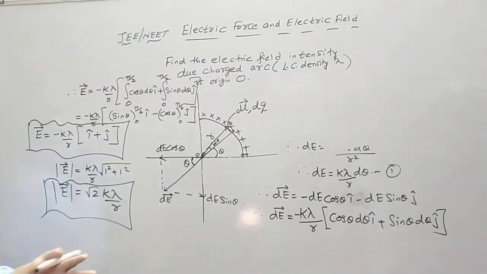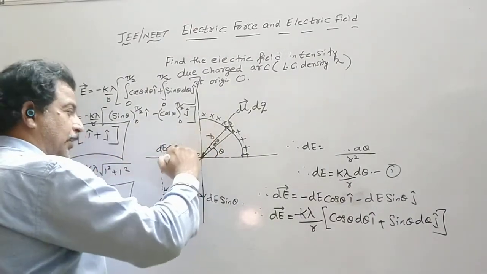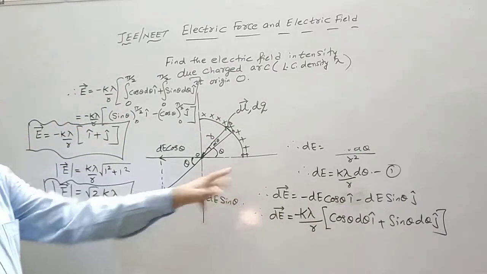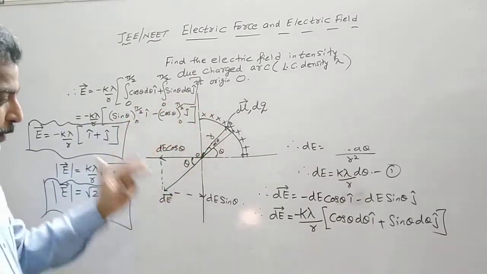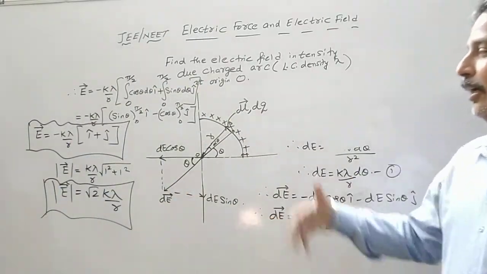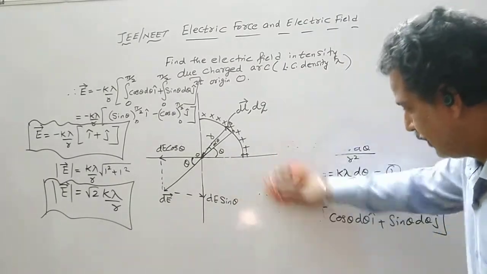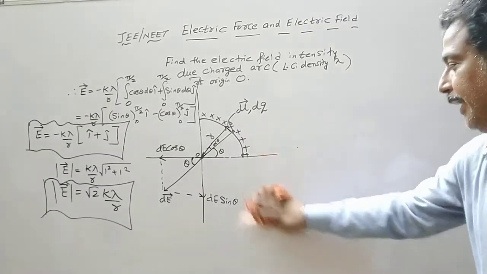And if this arc is drawn at this side, then it is clear the resultant will be in the fourth quadrant. So there i will be positive and j will be minus. Answer will remain the same. Direction can be determined from the diagram itself.